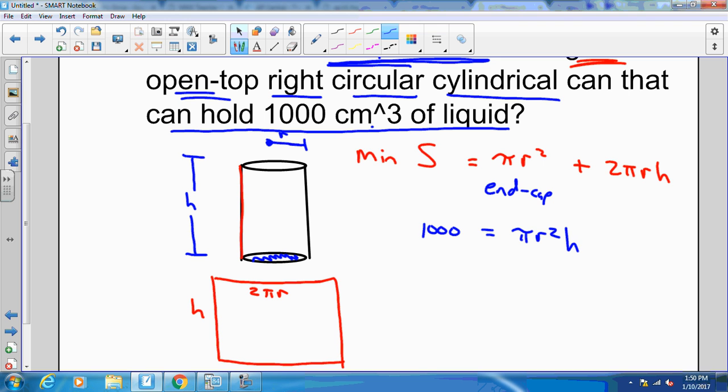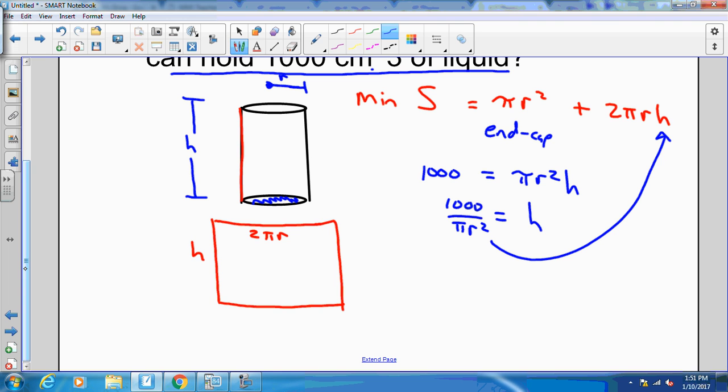And I like h because it's the easiest to solve. Now replace that in here, then what I get is that the surface area is equal to pi r squared plus 2 pi r times 1,000 over pi r squared.